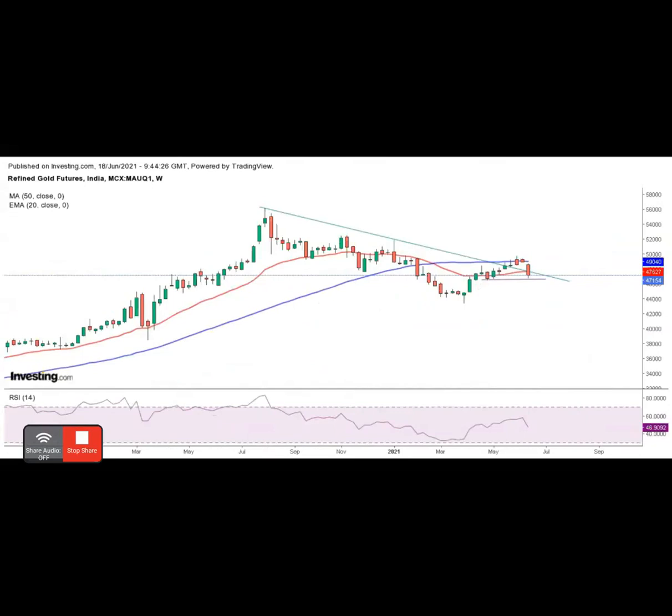Many of you must know what happened yesterday. Gold crashed more than 4.5%. On what grounds? On Wednesday at 11:30 p.m., the FOMC came up with a dot plot. Now this dot plot basically states how many interest rate hikes are possible from the FOMC members.